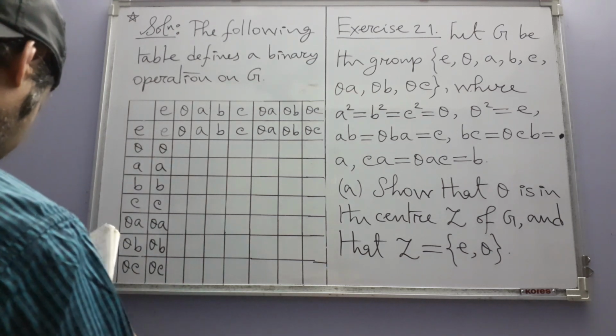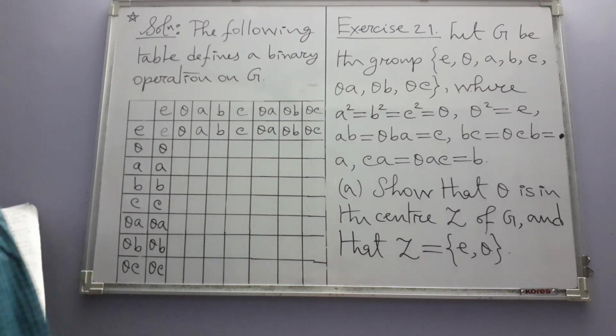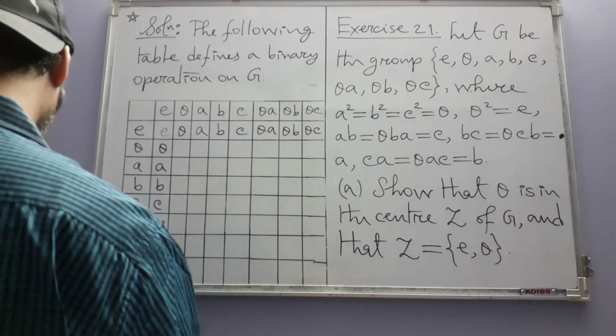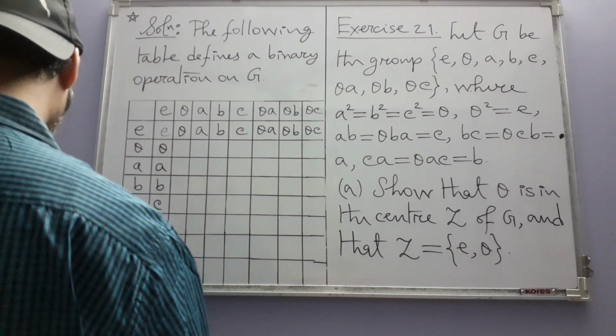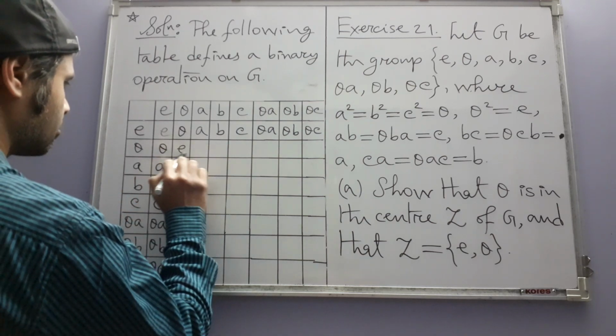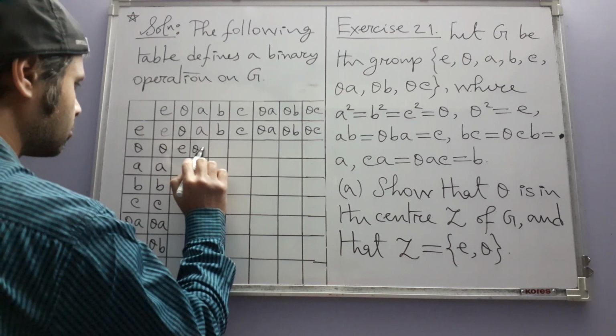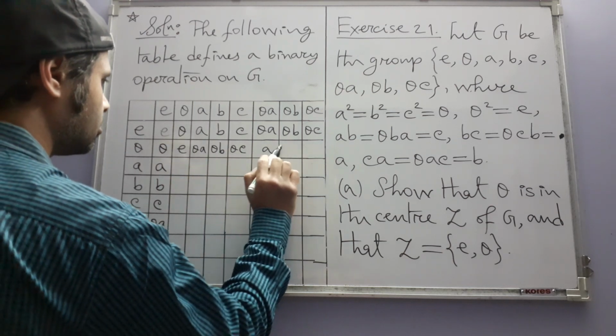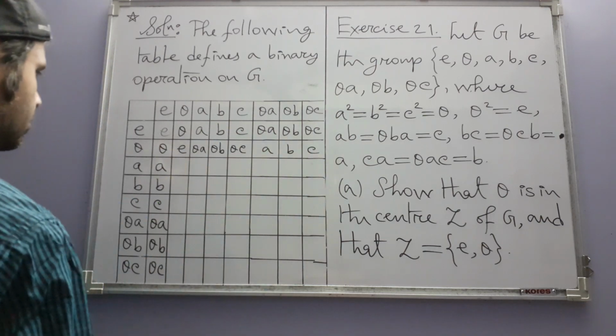Next. Okay, let me just blindly write E, theta, A, theta B, theta C, and then A, B, C. Theta B, theta C, A, B, C.